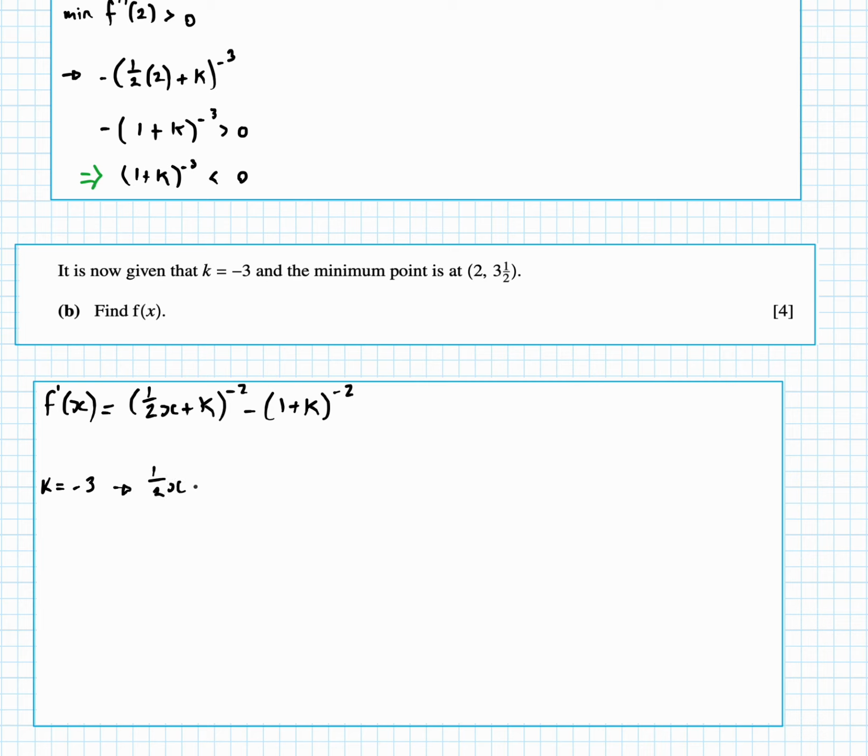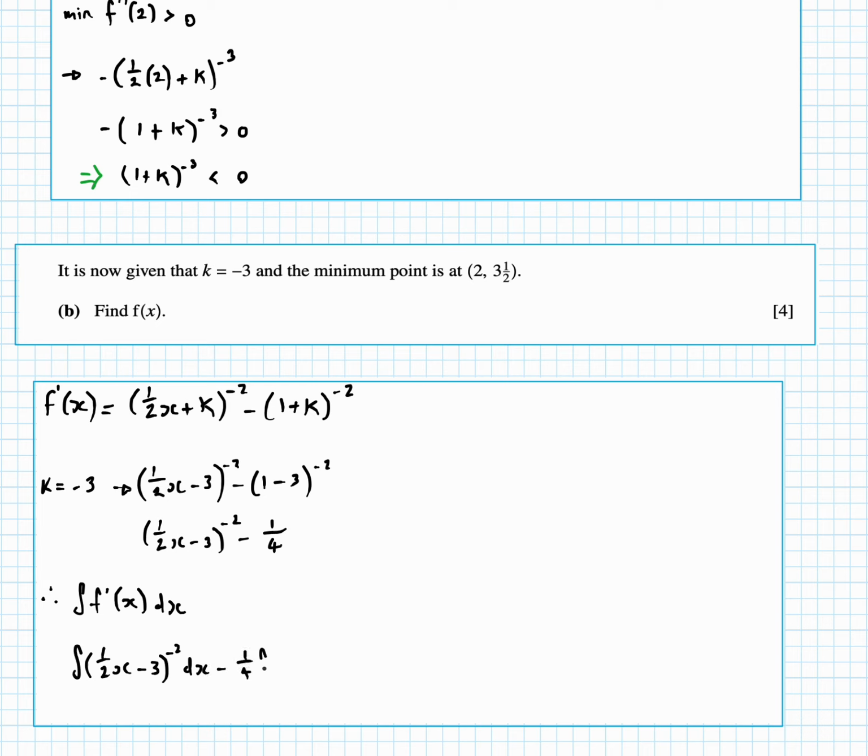Once we've got that, we can integrate to find f of x. So the first part will remain the same, and then of course minus 2 to the minus 2 is 1/4. And that's that. So now from there we can integrate f prime of x dx. So we've 1/2 x minus 3 to the minus 2, and the minus 1/4.